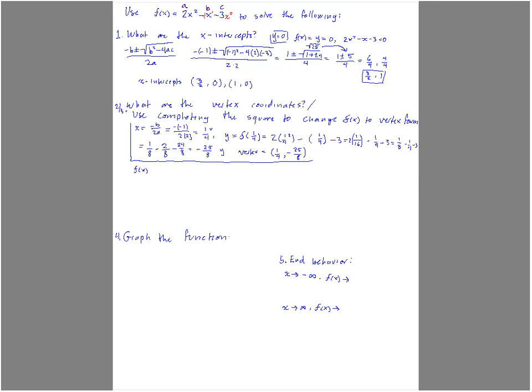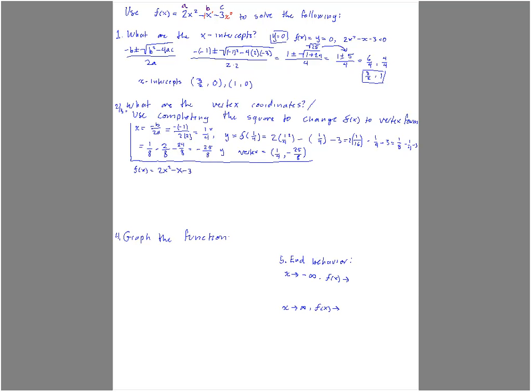f of x is equal to 2x squared minus x minus 3. And what you want to do is go ahead and factor out the 2 from these two terms here.